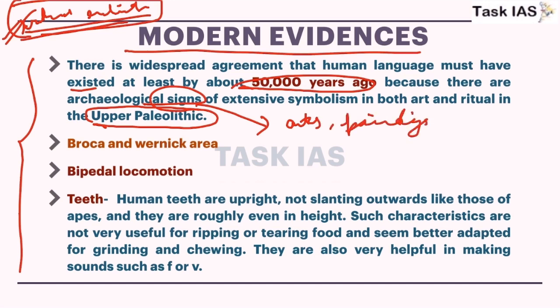And we have understood that communication is not only verbal, it is also non-verbal. These signs, these paintings reflect some kind of information, so they were some medium of communication. So it is the time period of the Upper Paleolithic.